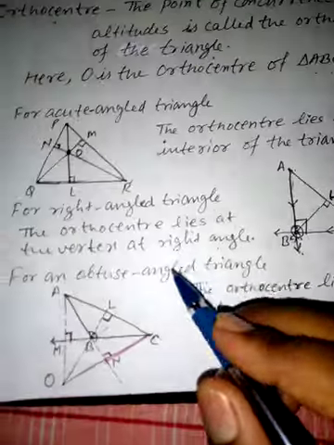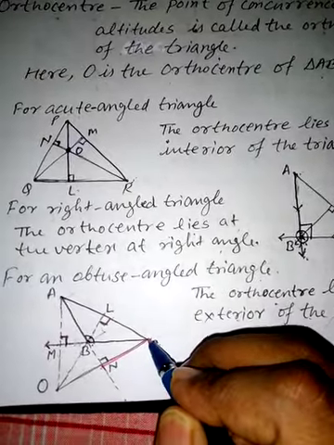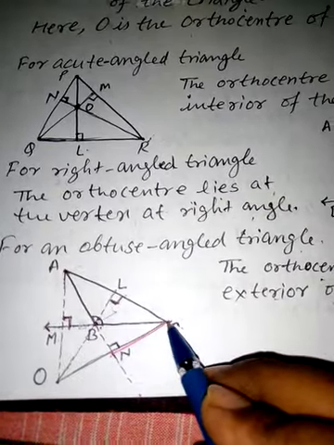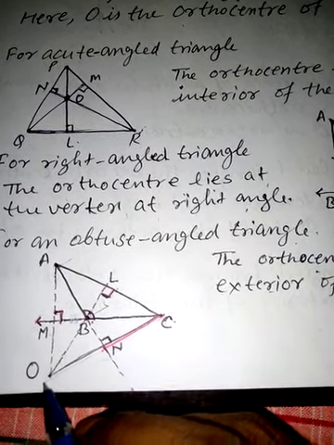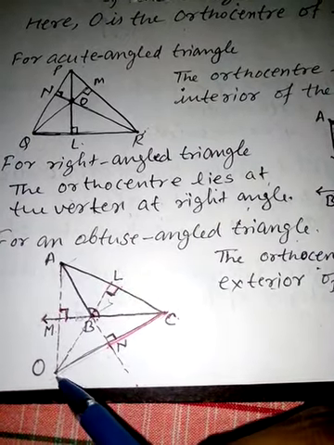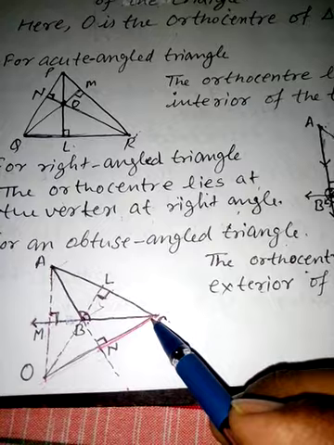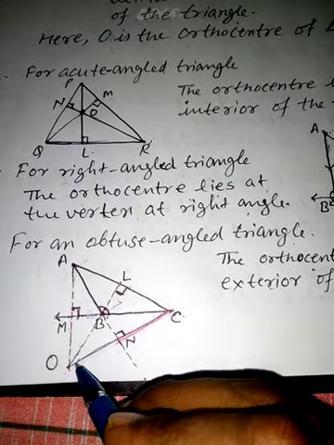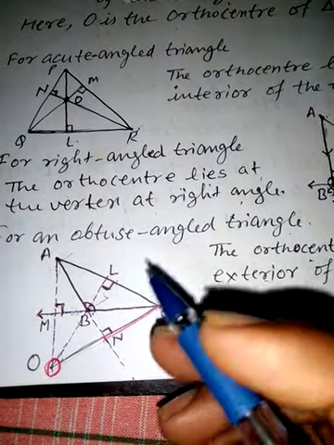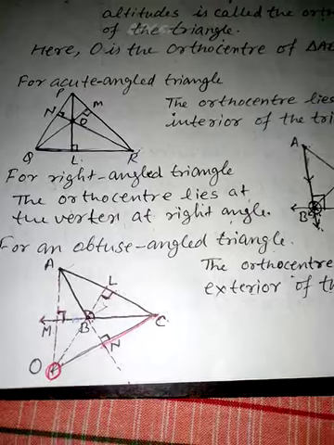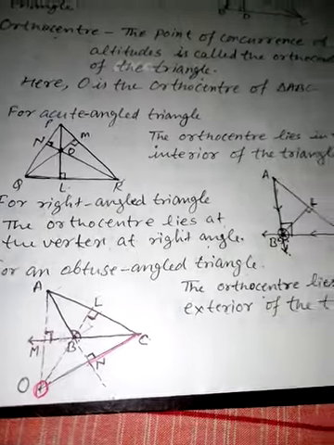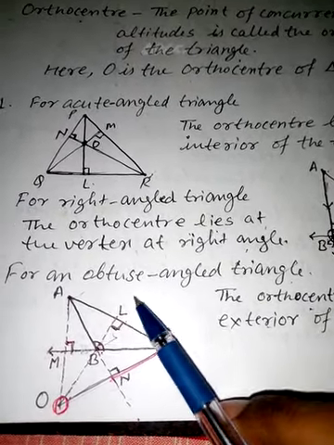Then you can see when we extend these altitudes CN to O, LB to O, and AM to O, and all these altitudes when extended then meet at point O. Then the point of concurrence of these altitudes is O, which is in the exterior of the triangle ABC.